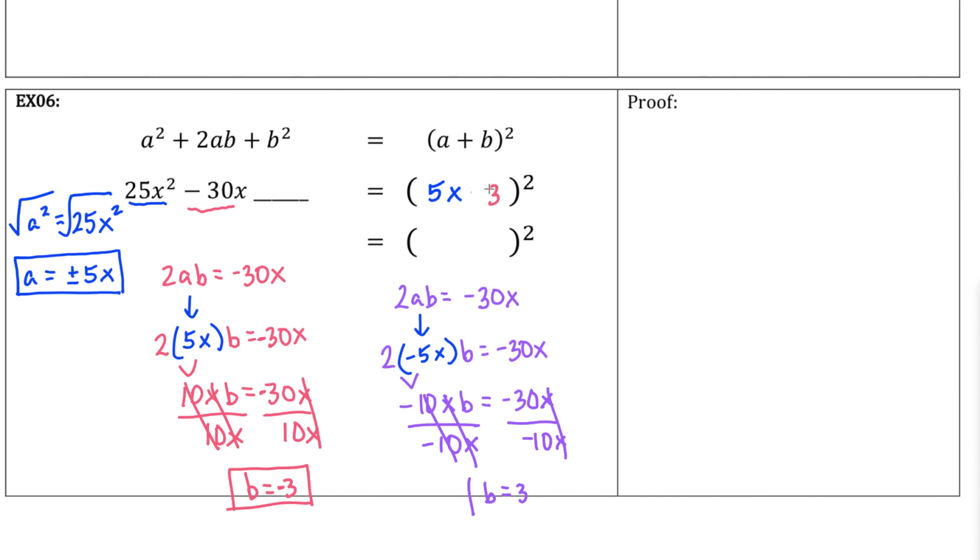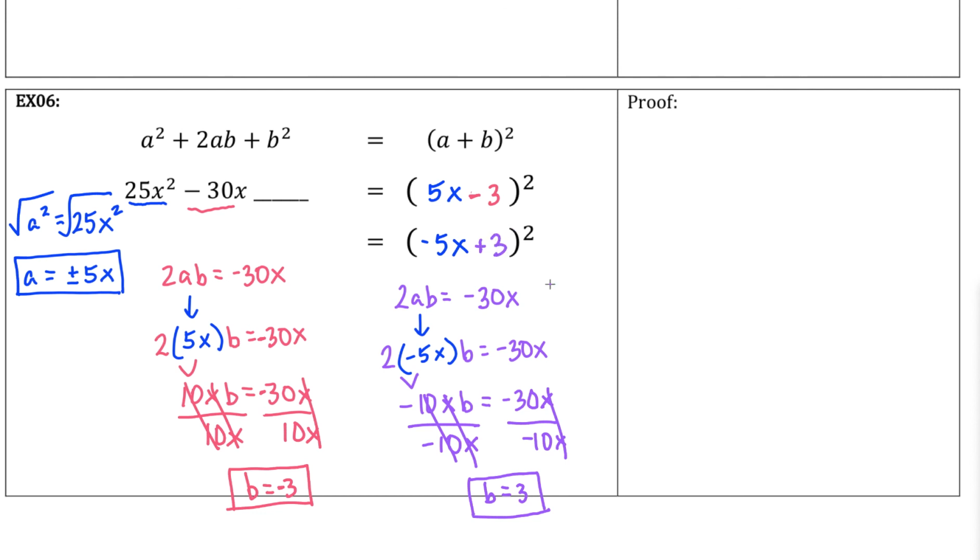And that was a minus 3. Okay, and this one over here, when a was negative 5x, b was minus 3. I mean, plus 3.